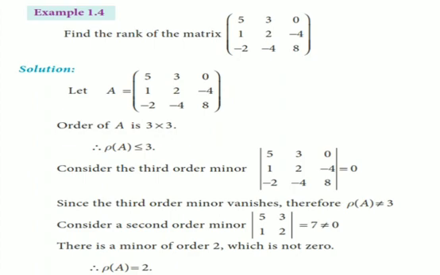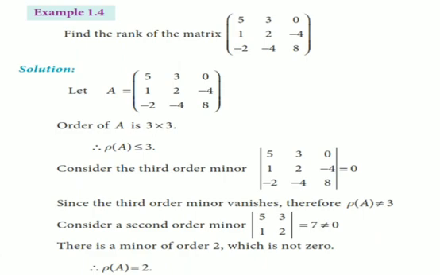Example 4. In the same way we are going to find the rank. This is also a 3 into 3 matrix. Rank of A is less than or equal to 3. Consider the third order minor. You simplify this and get the answer as 0. Since the third order minor vanished, rank of A is not equal to 3.